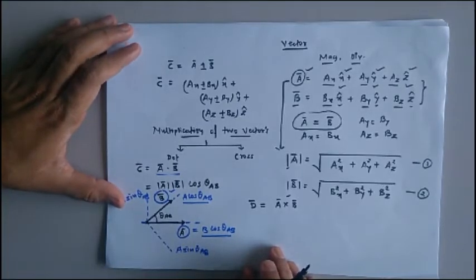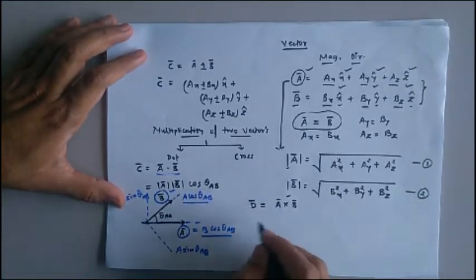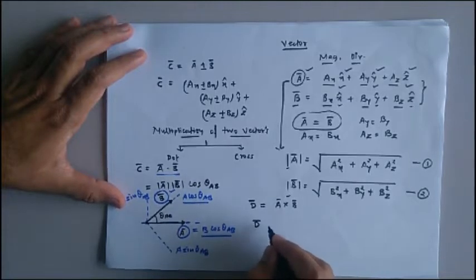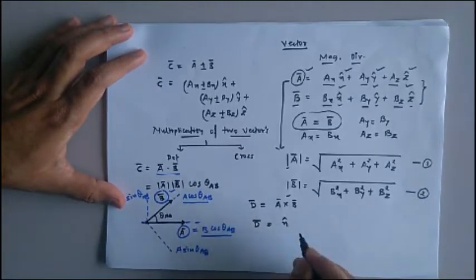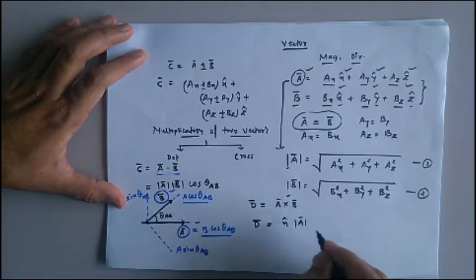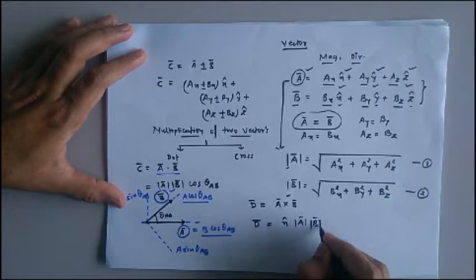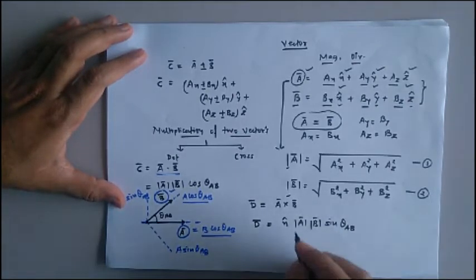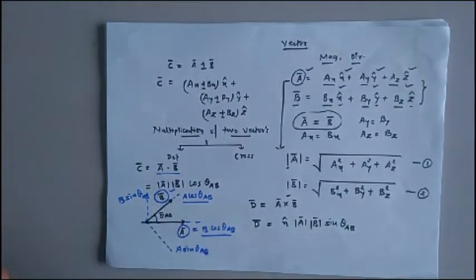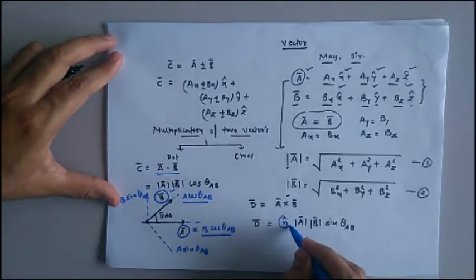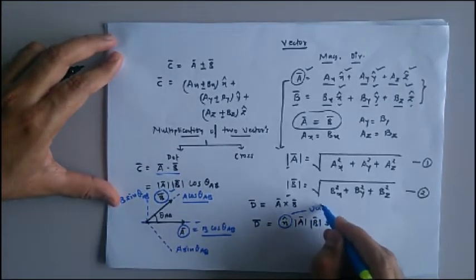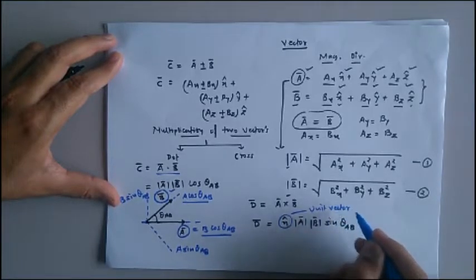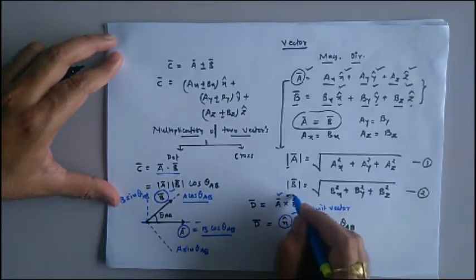Now if you want to calculate the magnitude of this particular vector, it is given by d bar is nothing but n cap into magnitude of first vector into magnitude of second vector into sine of angle between these two vectors, where this n cap indicate a unit vector perpendicular to the plane containing these two vectors.